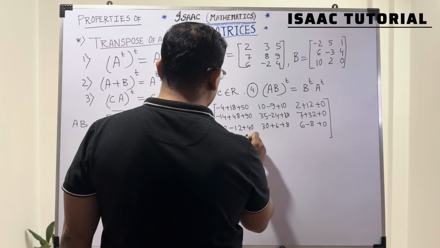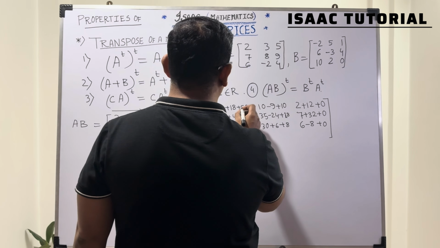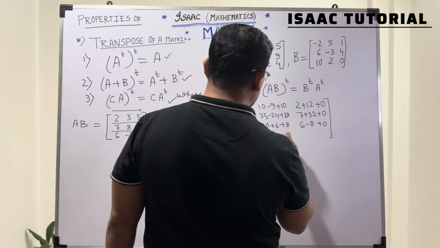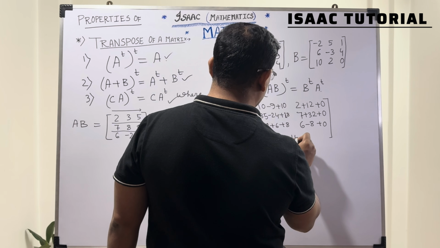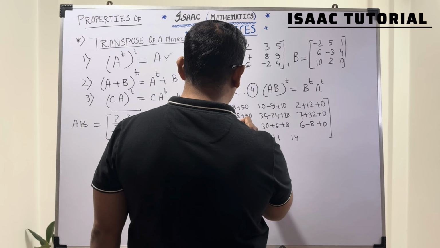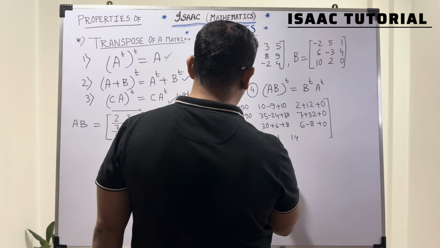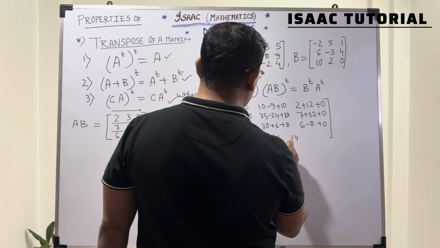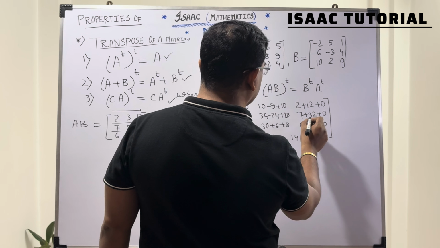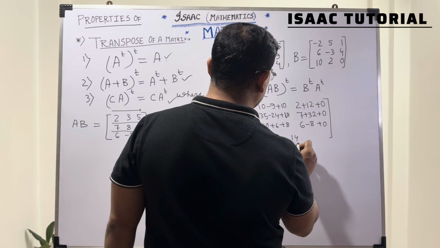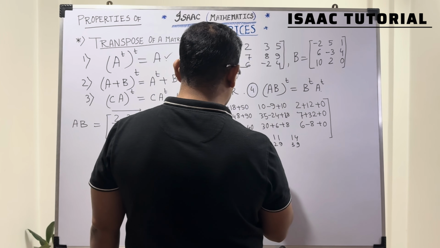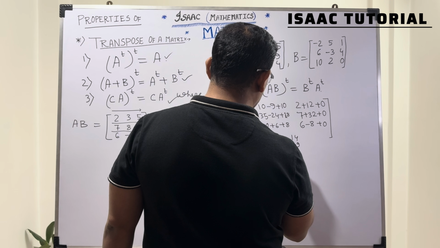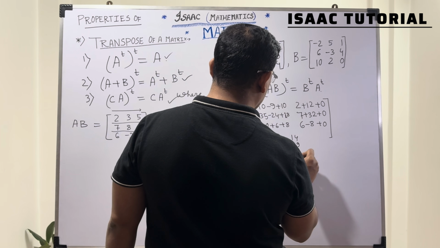This will give 64, 11, 14, 124, 29, 39, 16, 44, minus 2.